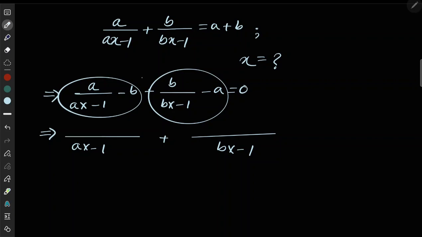After, we calculate the LCM: (a minus b) into (ax minus 1) and (b minus a) into (bx minus 1) equals 0.